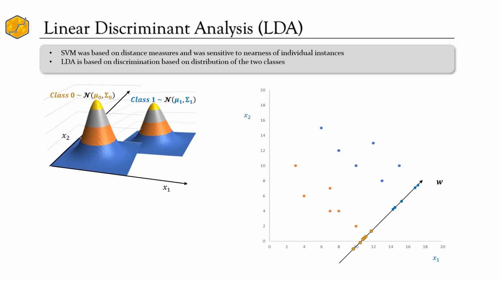Everything is in terms of w. We have projected everything on w, and now we are looking at the coordinates of all the points along the w axis. With these projections on w of both classes, I can calculate the mean of the projections and the variance of the projections.